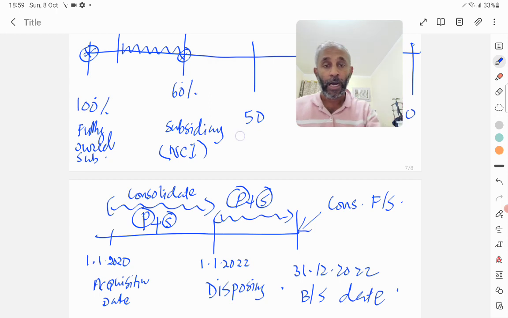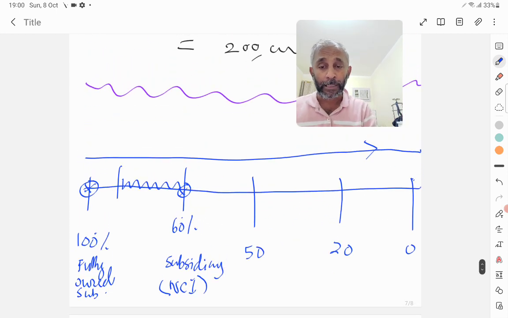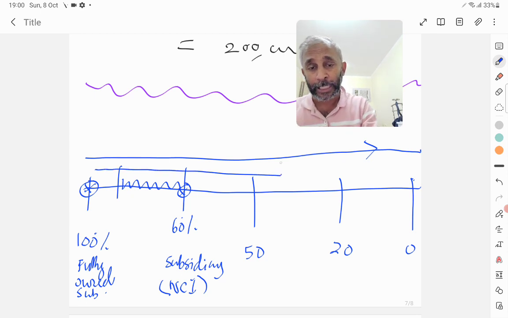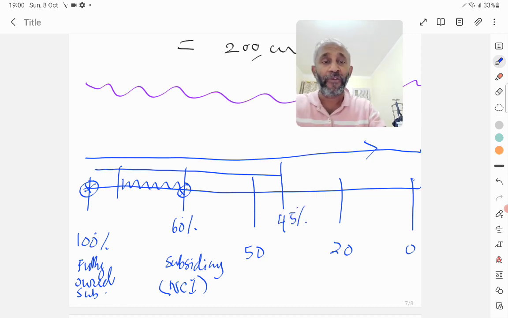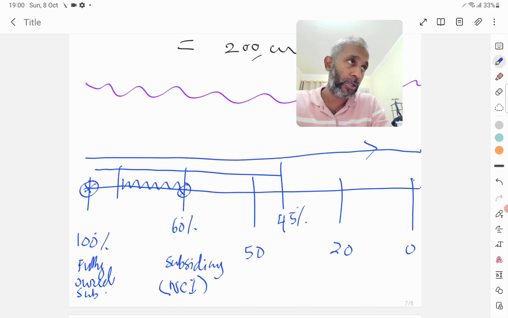Very clear. However, if because of that disposal of stake the ownership goes below 50, such as 45%, meaning they have sold 55% of the ownership, then the question is whether the parent is retaining the control.